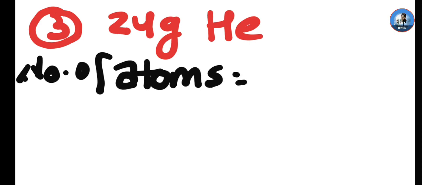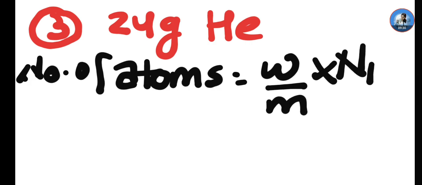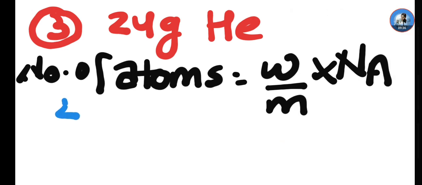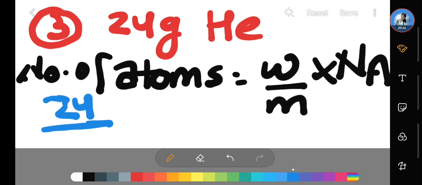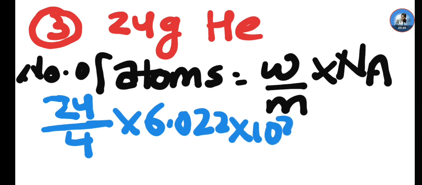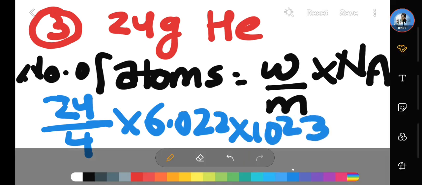Formula is W upon M into Avogadro number. W is here 24 gram, upon M. Molar mass is here 4 for helium into 6.022 into 10 raised to power 23. That is our Avogadro number. So what is the answer?